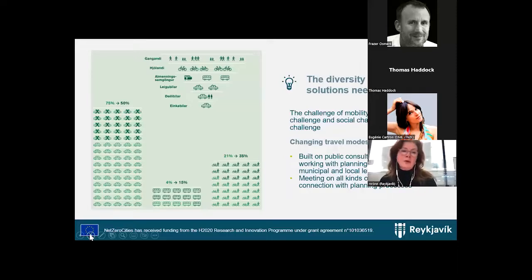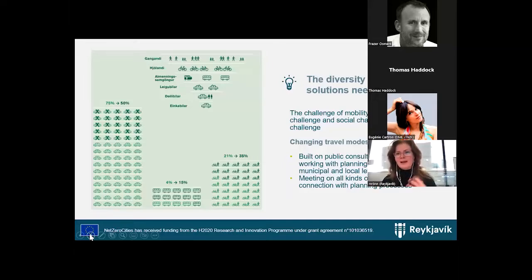And you see below the numbers, the plan is to reduce, we have around 75% of citizens traveling by car right now. We have urban sprawl, and that is a challenge, of course, both for planning and social changes within the community. There is a plan on increasing public transportation up to 15% and bicycling and walking to 35%. And we are looking at this until 2040. That was the revision of the municipal plan.